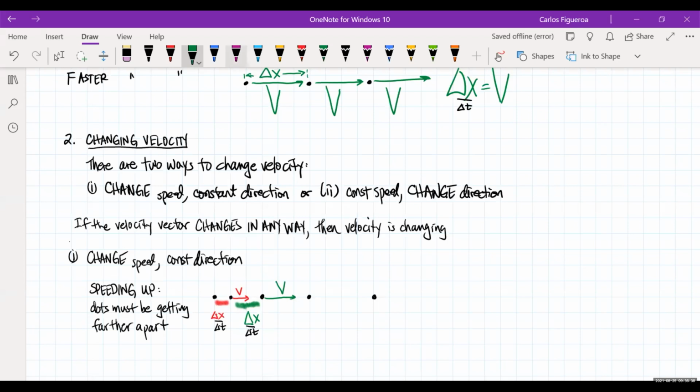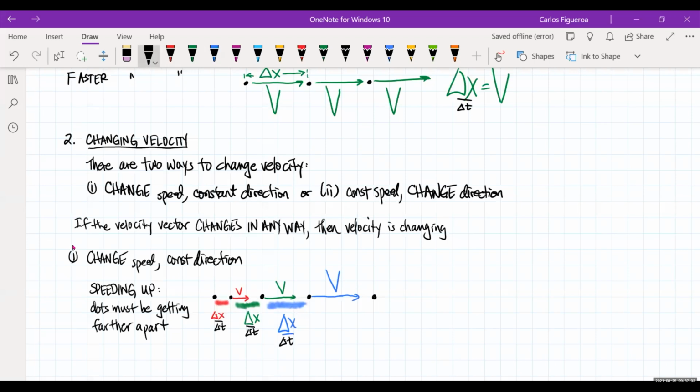And if I look at my next interval, you could see that that's even longer. So then this speed is covering a bigger distance. So that means that this velocity must be getting longer and higher.